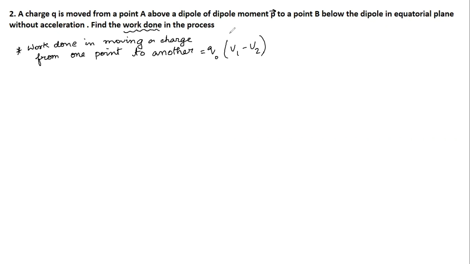Now coming back to this question, it is said that you are having a dipole. Just say this is my minus Q and this is my plus Q. This is my dipole, which is having center O, and the charge is moved along the equatorial plane.